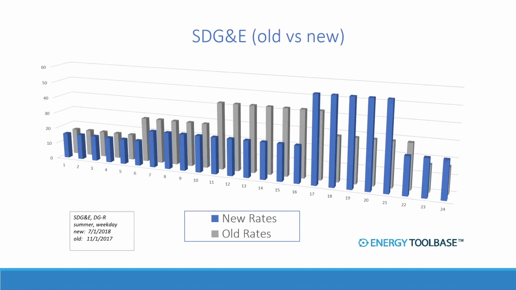use rates. As I'm sure almost everyone on the call is already aware, there are some very significant changes happening right now in California to rate designs, and specifically to time of use rates. This slide is for the case study rate we're going to be looking at today, which is the SDG&E DGR rate, the medium large commercial post solar rate.